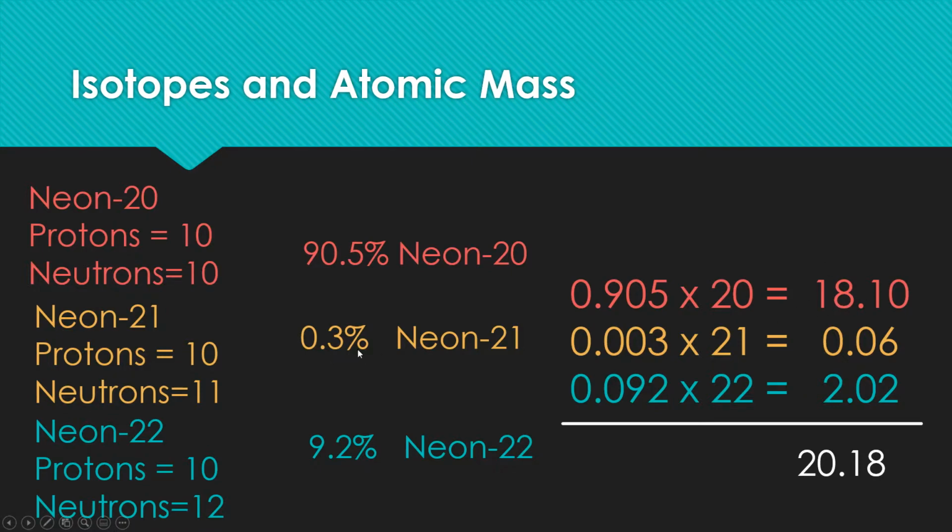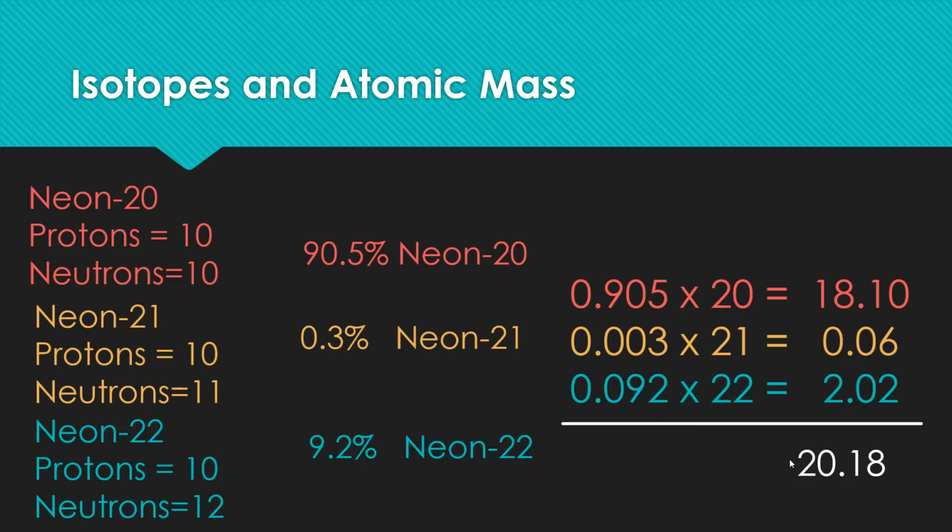And then we do it again with 0.3. So we move the decimal 2 places, we multiply it by the mass, and we get 0.06. 9.2%, we move the decimal 2 places, multiply that by the mass, and we get another number. And then when we add all those up, we get the mass of neon on the periodic table. That's how we get this weighted average on the periodic table.